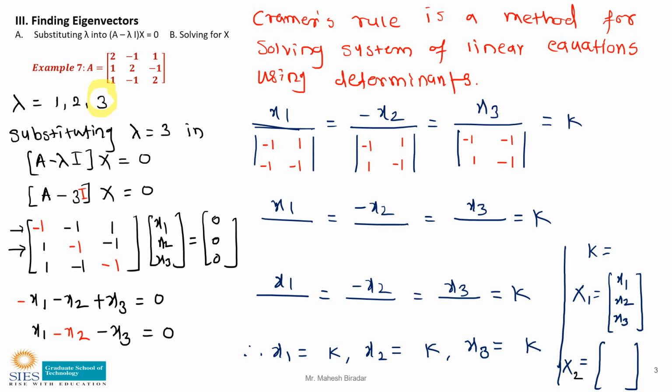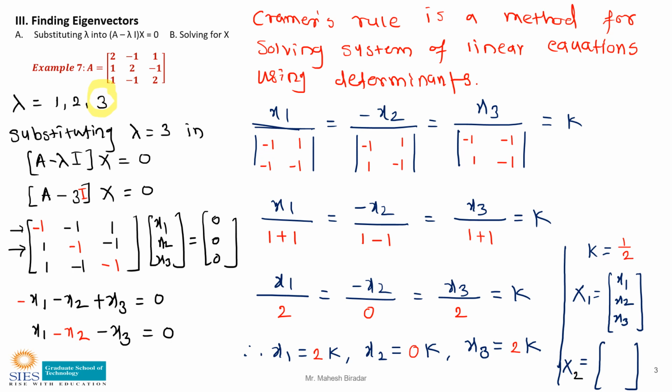After simplification, this will be 1 plus 1, this will be 1 minus 1, and this will be 1 plus 1. So x1 divided by 2 minus x2 divided by 0, x3 divided by 2 is equal to k. So x1 is equal to 2k, x2 is equal to 0k, x3 is equal to 2k. Again, you can take k as half.